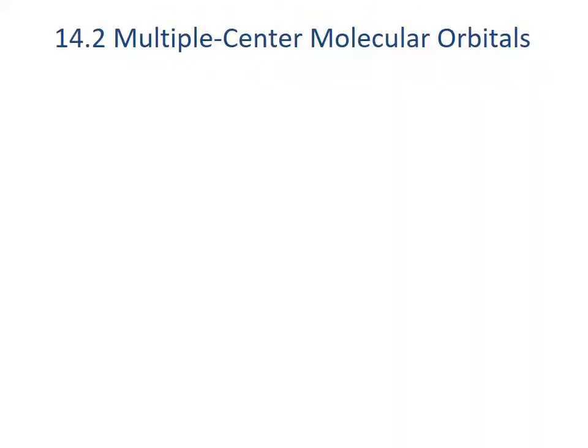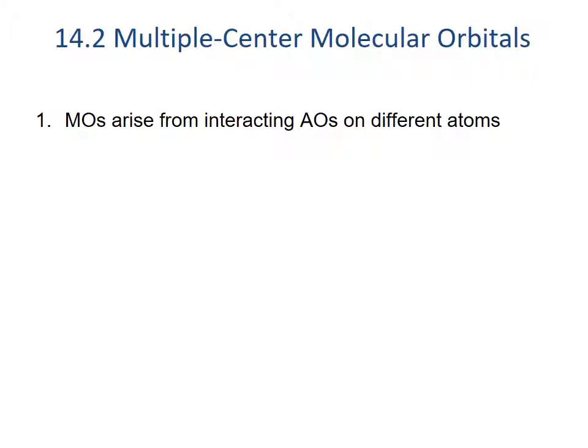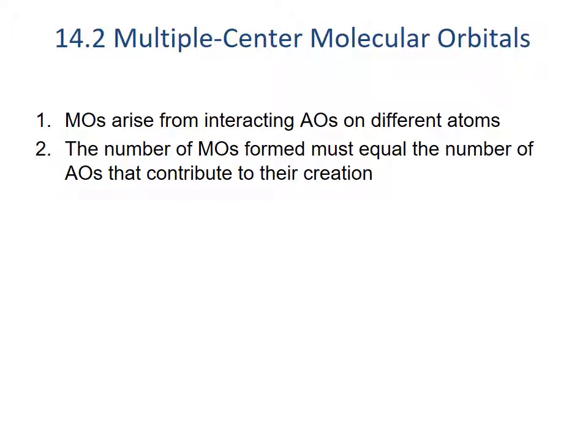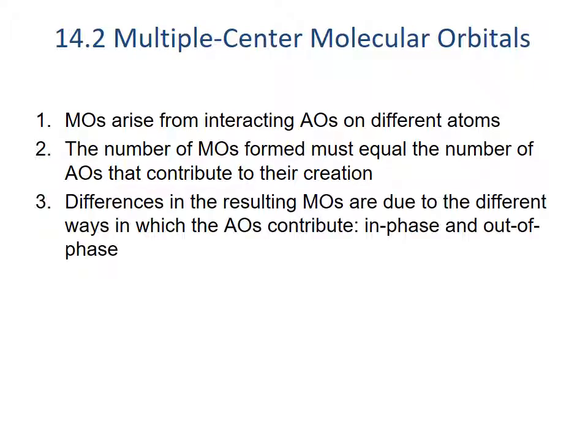In this chapter, we introduce a qualitative way to think about the molecular orbitals from p orbitals. First, we know that molecular orbitals will be created from the atomic orbitals of different atoms. We know that we'll end up with the same total number of molecular orbitals as we mixed of atomic orbitals, and that they will be different energies depending on the overall in-phase, or bonding, and out-of-phase, anti-bonding interactions they have.